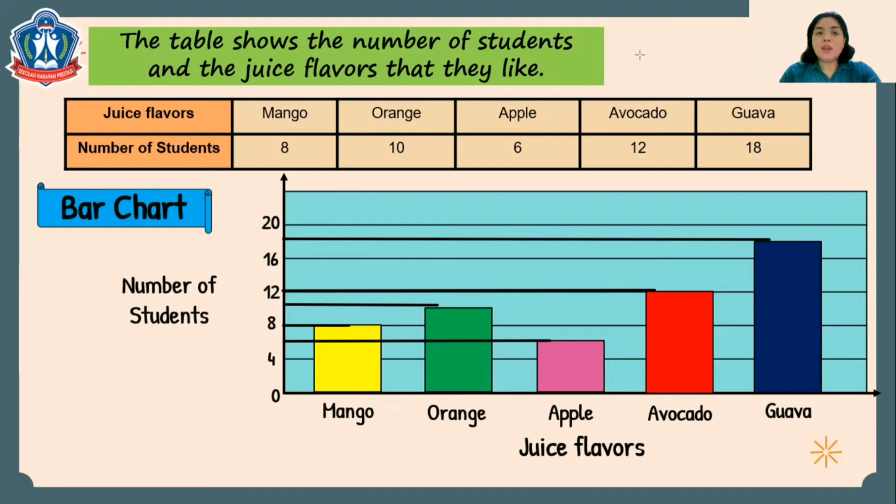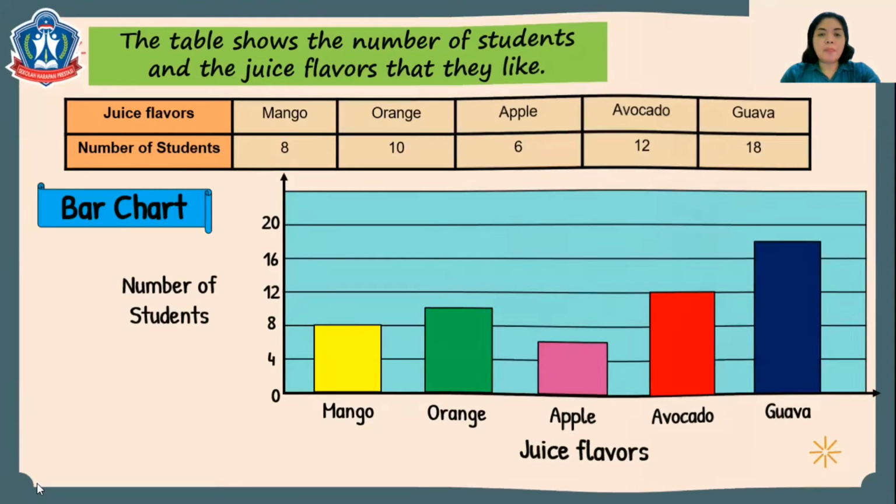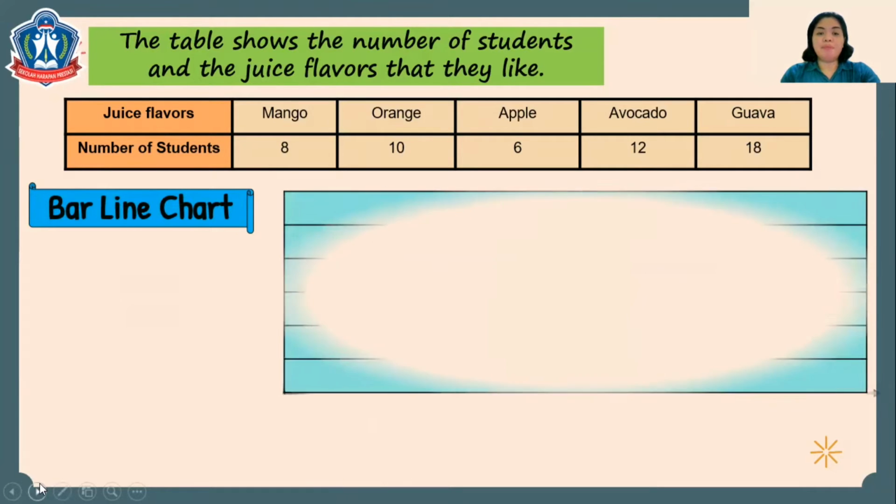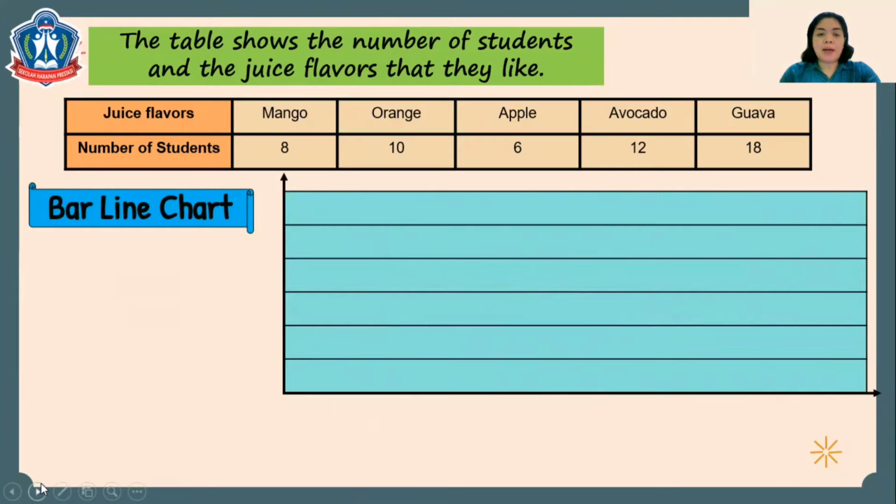Now, we can also convert the same data into this kind of chart. Take a look. The same data, but at this time, we will use a bar line chart. What's the difference between a bar chart and a bar line chart? The same, but at this time, children, we are not using the rectangle shape.